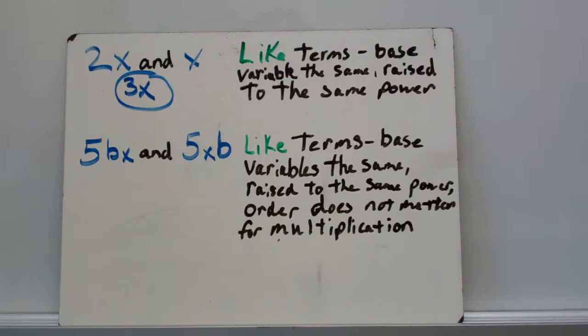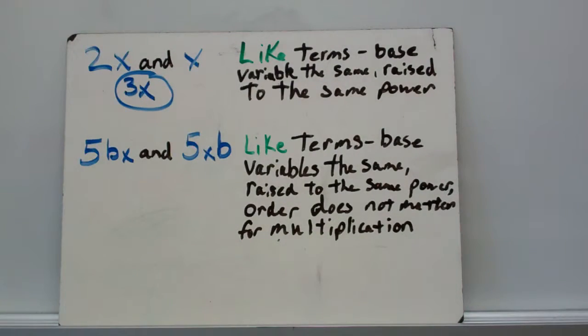On the next example, we have 5bx and 5xb. If we look at our letters, or variables, excuse me, we have b and b raised to the first power. We have x and x raised to the first power. And we have coefficients of 5.